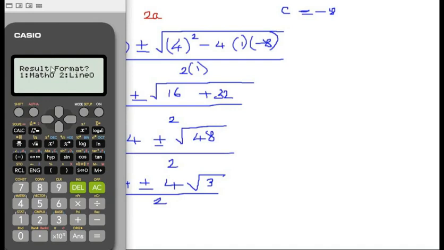It asks you the result format. Again choose 1, that is math. So once you put it, again check the square root of 48, it will give you 4 root 3. So by chance if you are not getting the answer in the form of a surd, use this way on your calculator, it should work.